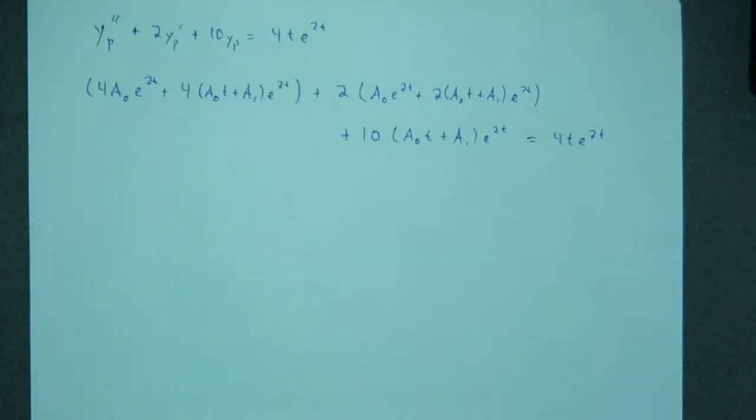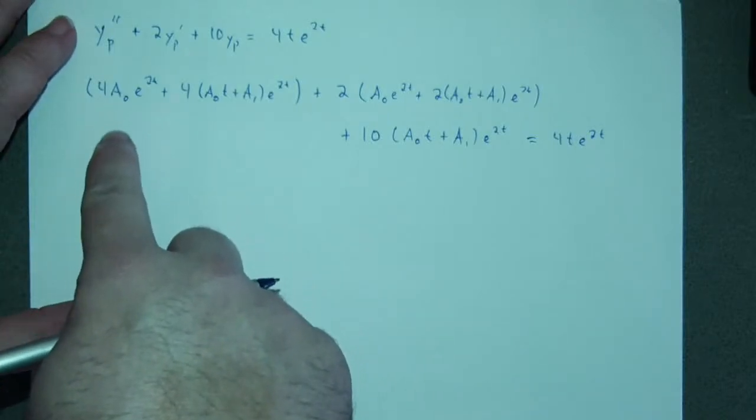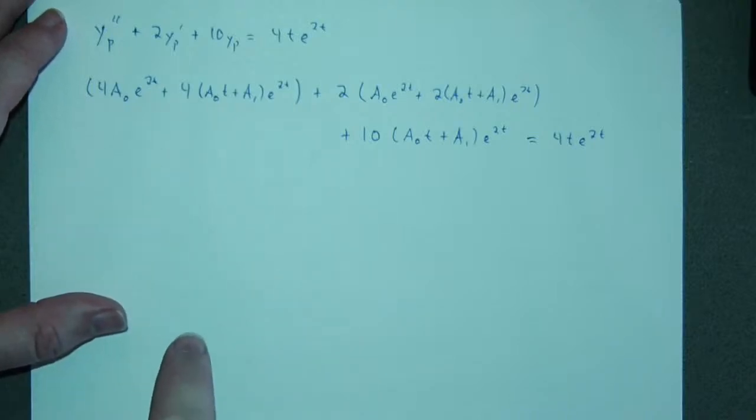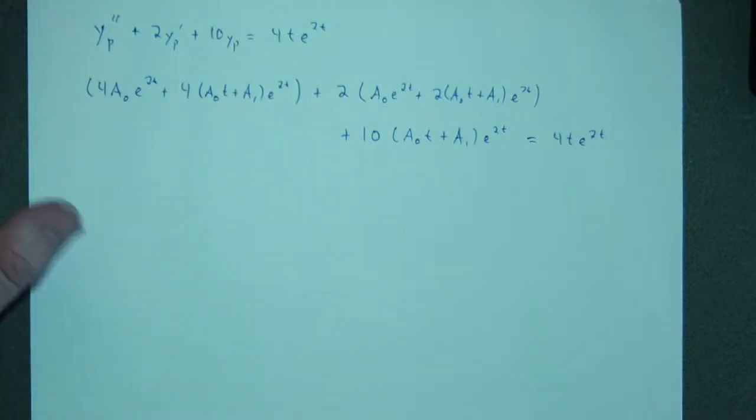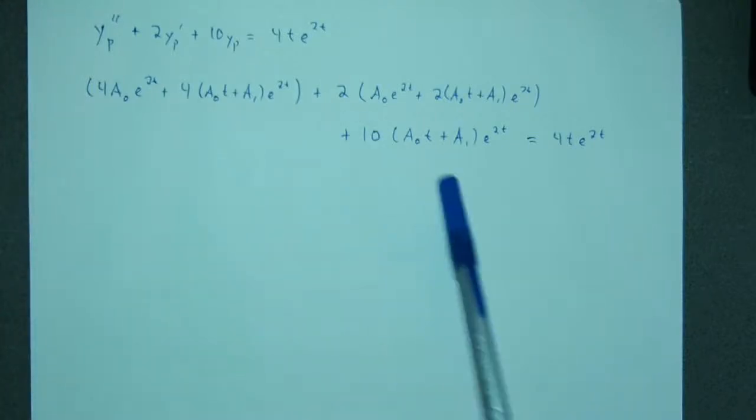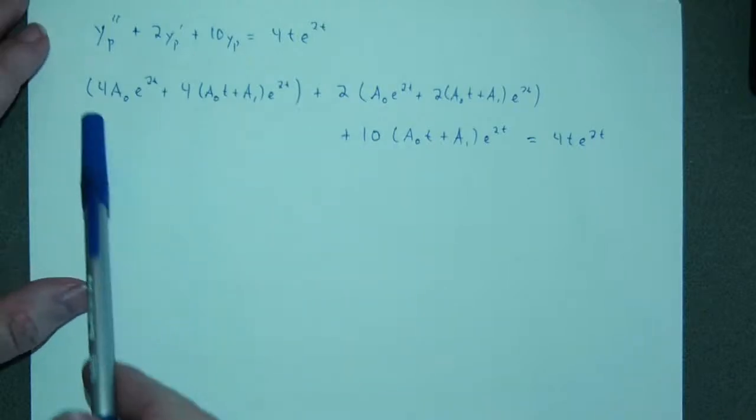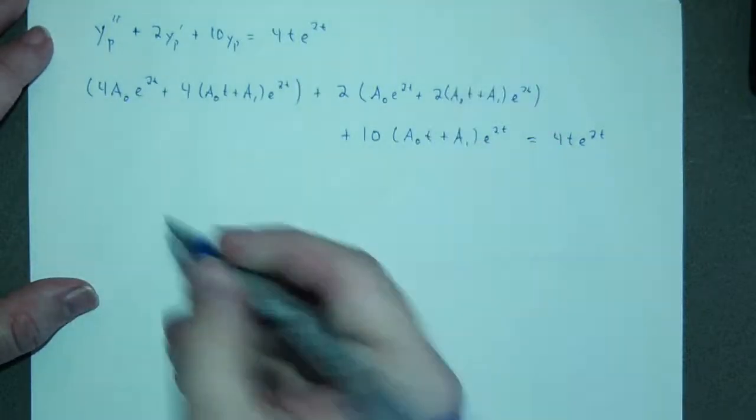So I'm going to need to group these things and make sure that I set the proper things equal to one another. So let's be careful here. So first of all, let's group everything that doesn't have a t in it together, or let's try to do that in a nice way.